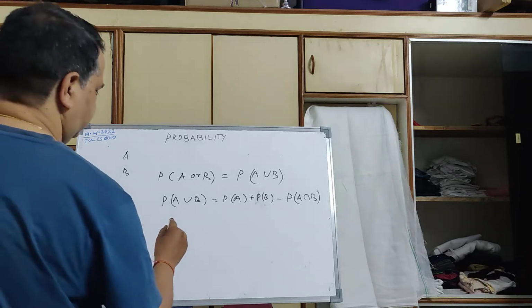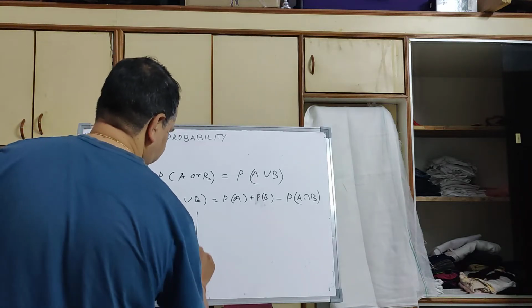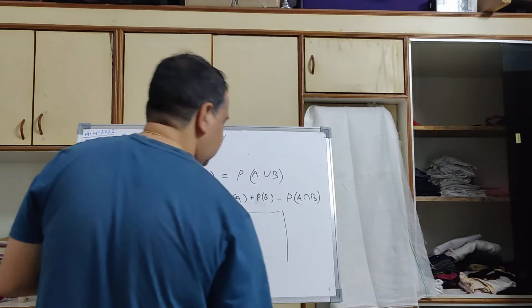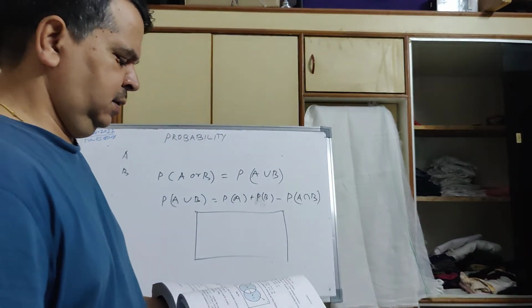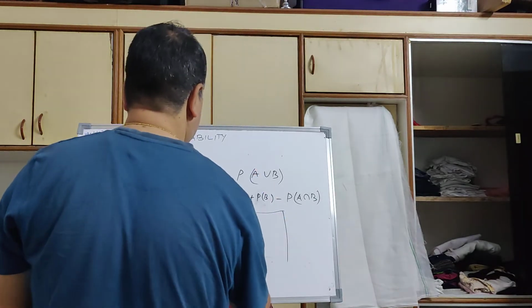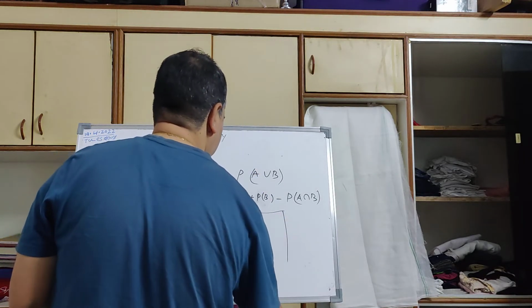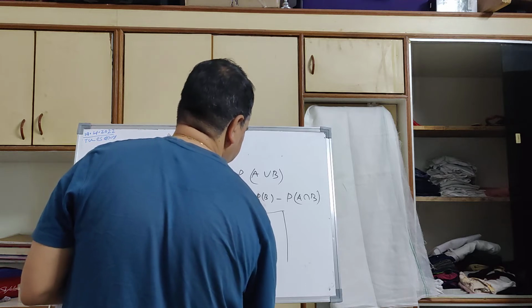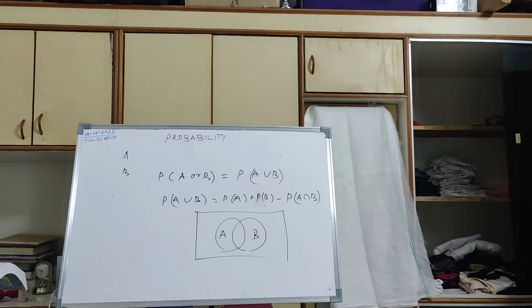Let us say this is your complete space, and let us say you have A and you have B. This is your A, this is your B.